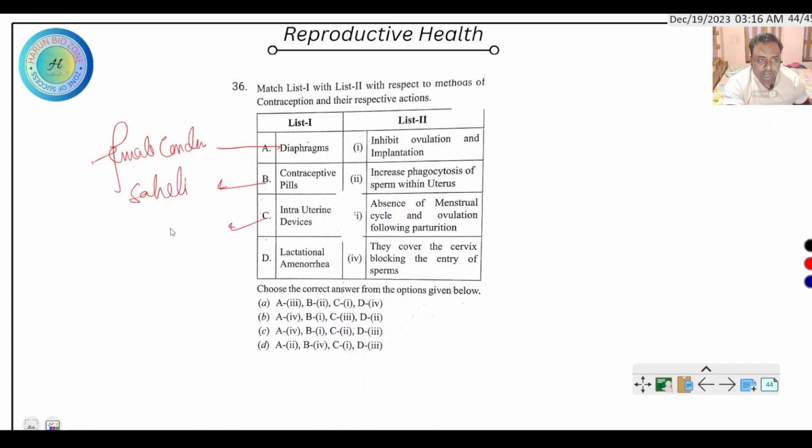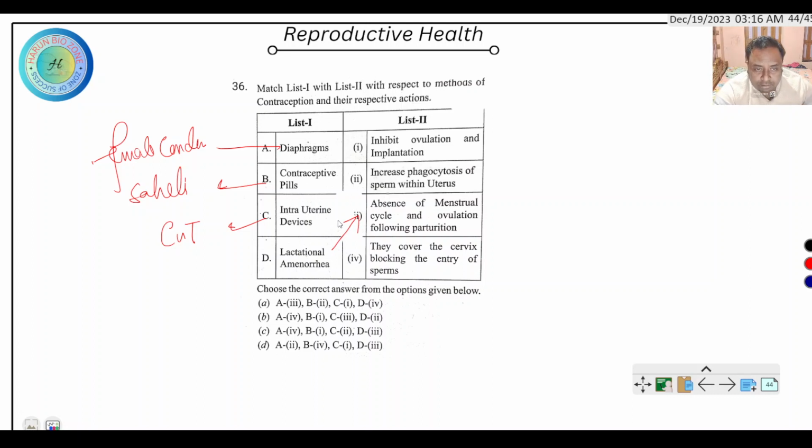Intrauterine device, copper T. Lactational amenorrhea means that during the first 6 months of lactation there is no ovulation and no menstrual cycle occurs, that is called lactational amenorrhea.